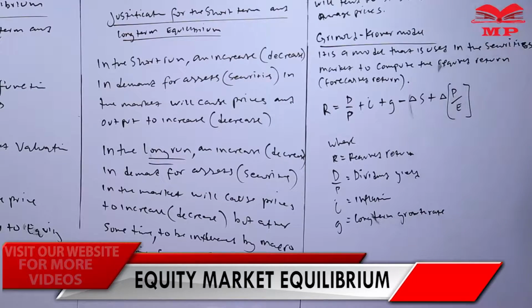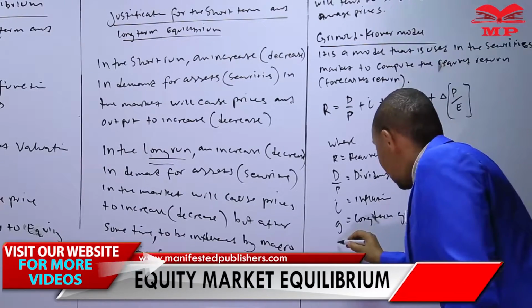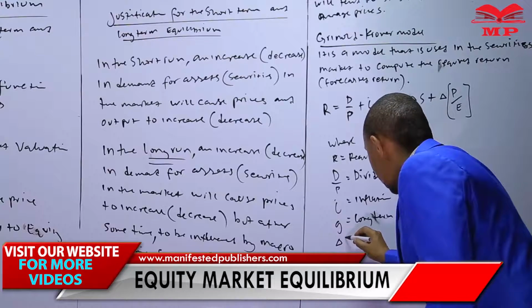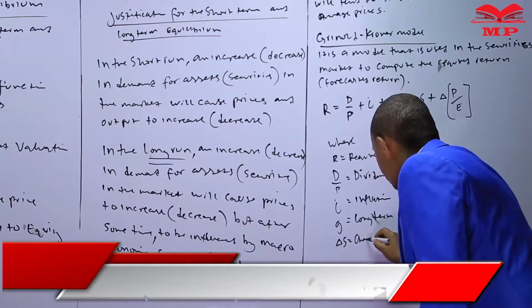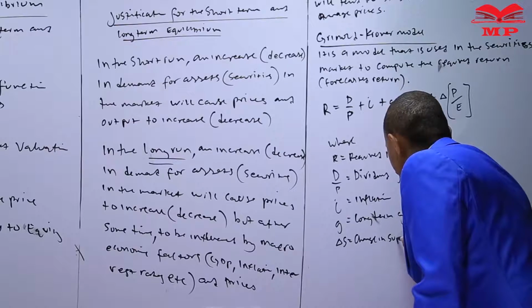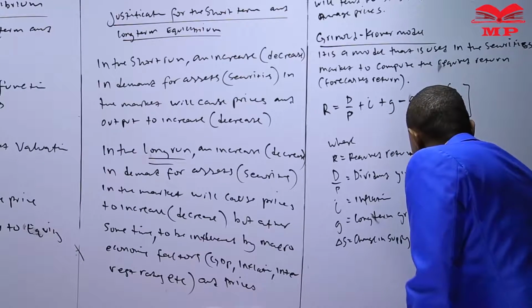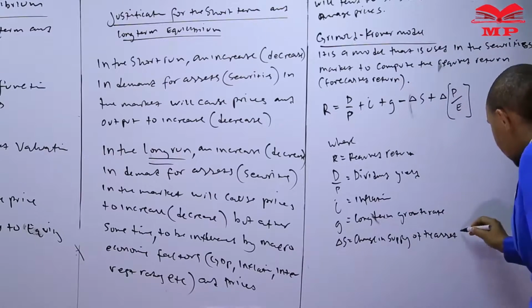Once we have the growth rate, we also have changes in supply of the asset. Change in S is change in supply of the asset or security in this case.